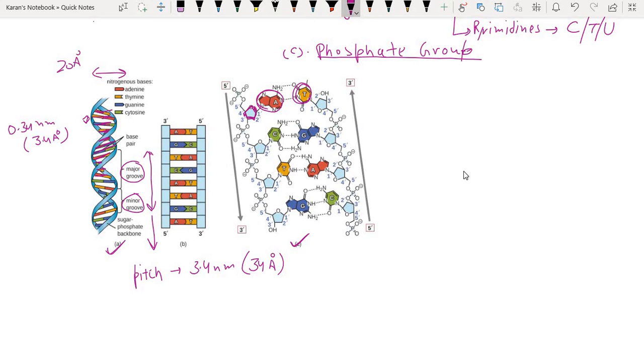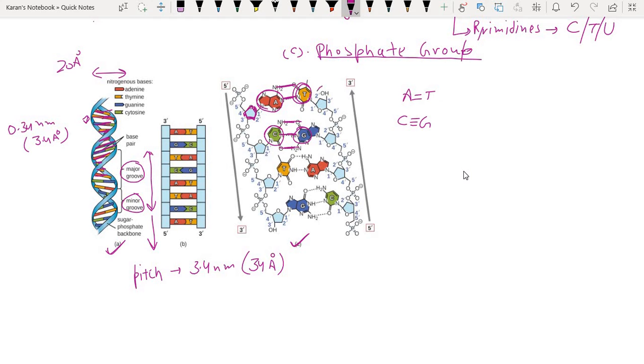Adenine and thymine are joined by 2 hydrogen bonds. Then in the next case you can see cytosine as well as guanine, and they are joined with the help of 3 hydrogen bonds. So adenine is double bonded with thymine, and cytosine is triple bonded with guanine. This is how base pairing occurs.